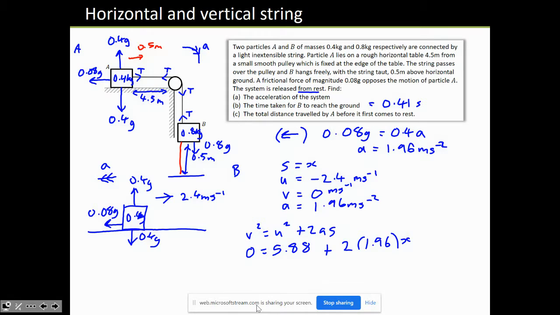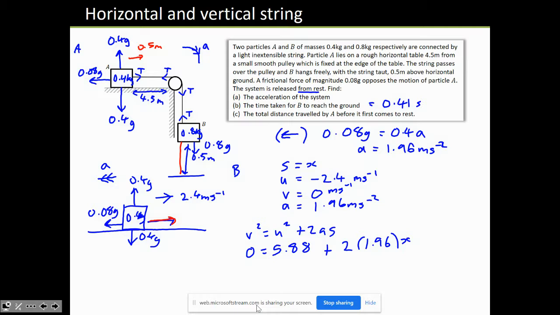Okay, so you see, I'm going to end up with a negative distance there, which makes a lot of sense because this thing is traveling in this direction, and when it comes to a stop, it will have traveled in that direction and not to the left, and that's in our negative direction. So we should have a negative value for x, and that makes sense.